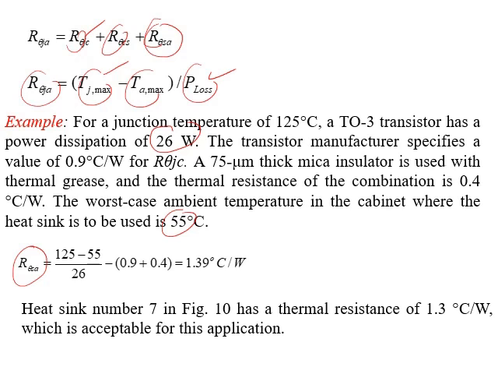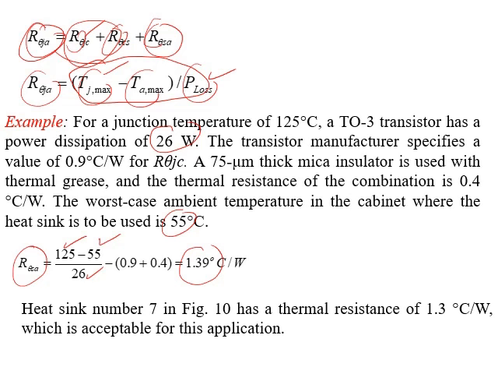I want sink to ambient, which is this value minus all these values, and this value is represented by this formula: T junction minus T ambient over P losses, and he gave me theta junction to ambient, junction to case and case to sink. So when I substitute, I get sink to ambient. This is what I'm looking for.